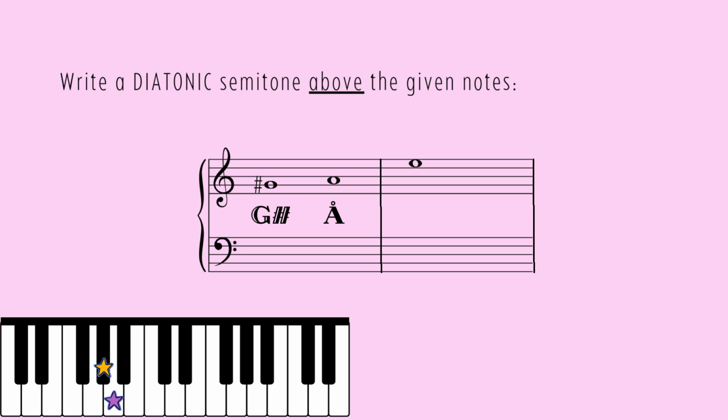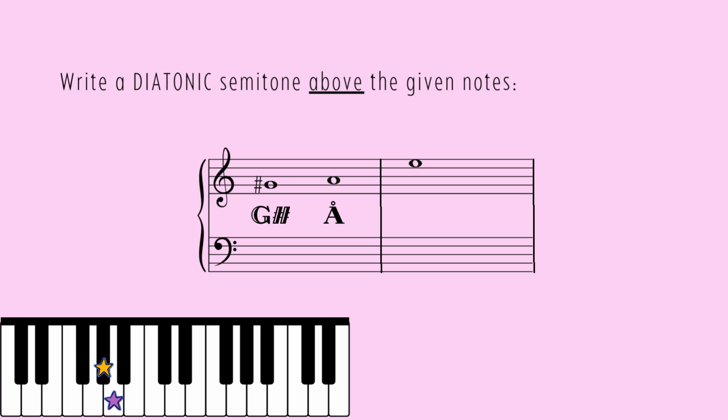So the first example, G sharp, is our given note. And so what we already know is that the next note that we write is going to be a different letter name. It's going to be a different letter name, but it is going to be a neighboring letter name.